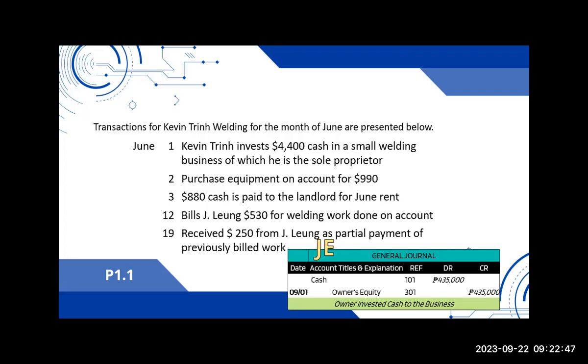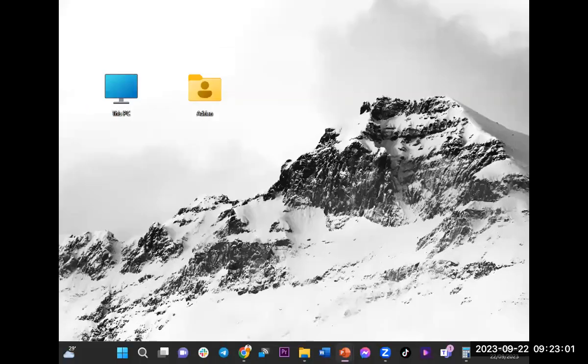Yeah, sorry. So basically just write the date and then debits and your credits. Yun lang. Basically yun lang naman for the file. Kasi wala rin po reference. Wala mo na reference because wala tayong chart of account.